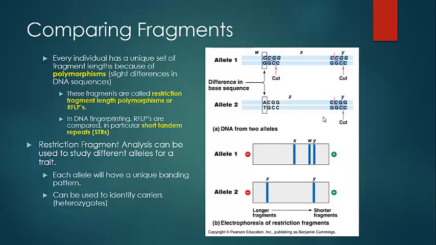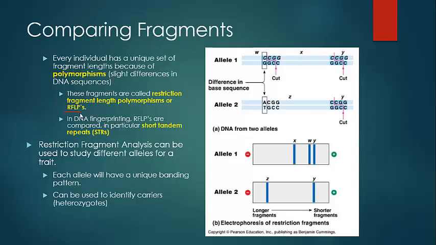These fragments that are created by cutting an individual's DNA with a restriction enzyme are called RFLPs, restriction fragment length polymorphisms. These RFLPs are going to be used to create a DNA fingerprint. They are unique to every individual and can be used to identify that individual.